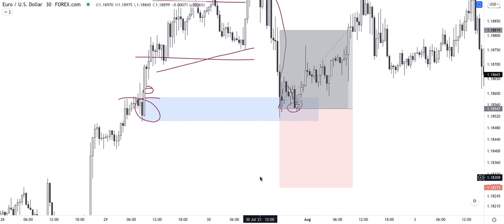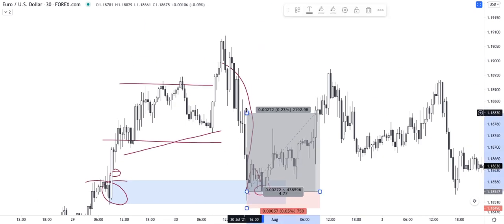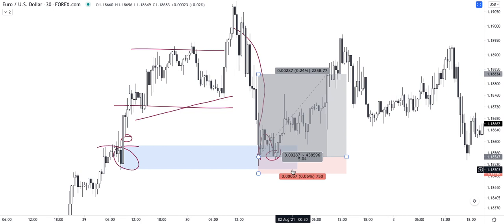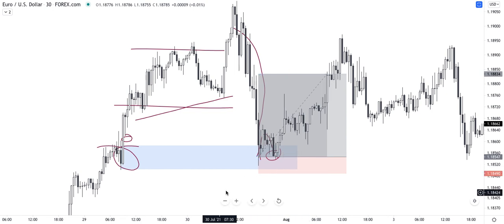I'm just trying to show you that there are multiple opportunities on multiple time frames that you can capitalize on if you just follow these steps. And the more you practice it, the better you'll see them. It's not every day that you're going to see a good opportunity. It's not every day you'll see it on every time frame, but in general, you'll be able to find something on some pair somewhere during the day.